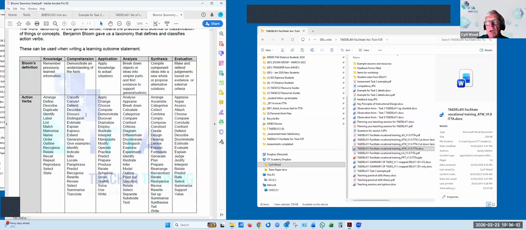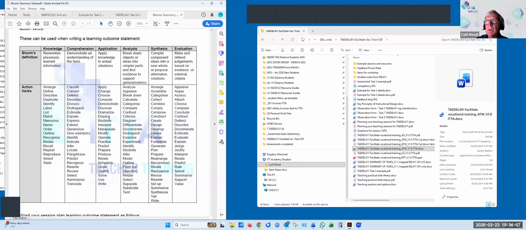You might use active verbs at the beginning of an outcome, so to distinguish between X and Y. The outcome, they'll be able to distinguish between this and that, because in that case, people will have to comprehend and understand what the two different things are.